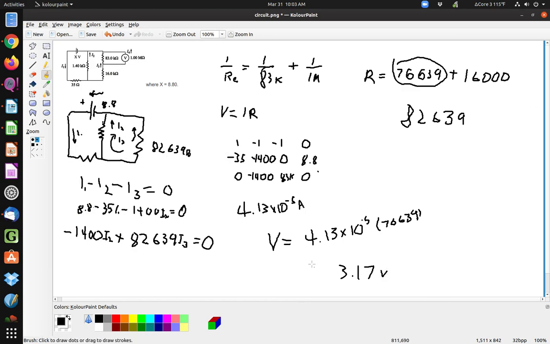Alright, so let's recap. We find the current I3 using Kirchhoff's loop rules. Once we find that, we know that with the equivalent resistance, we're going to have the same voltage across both of these circuit elements. We use V is equal to IR, and we find the voltage drop across the resistive element, which is 3.17 volts.